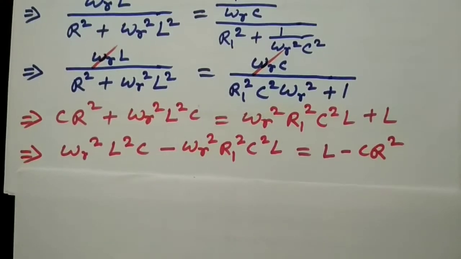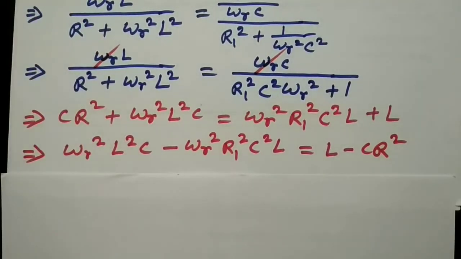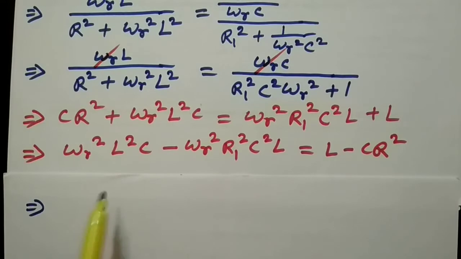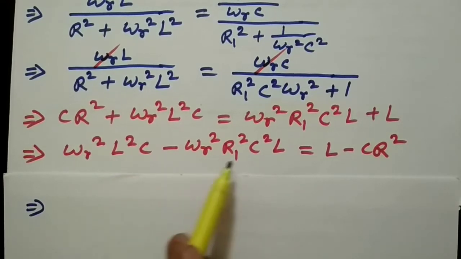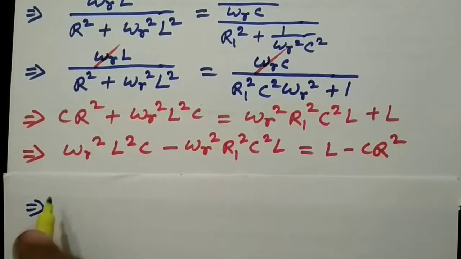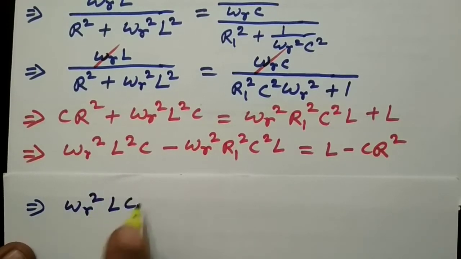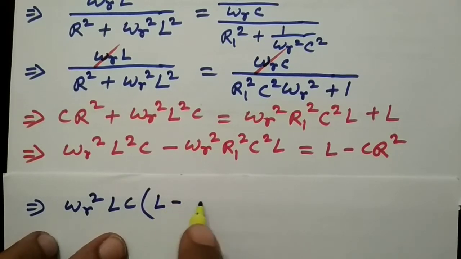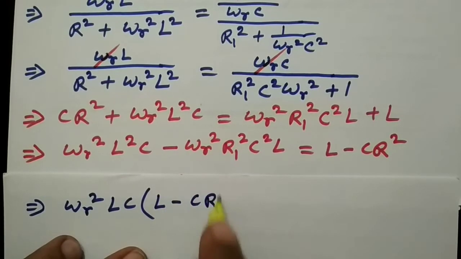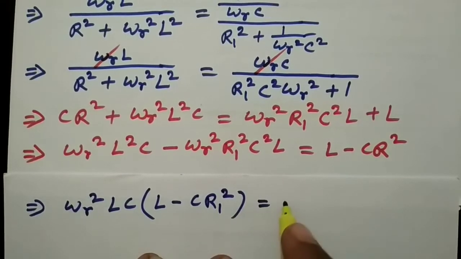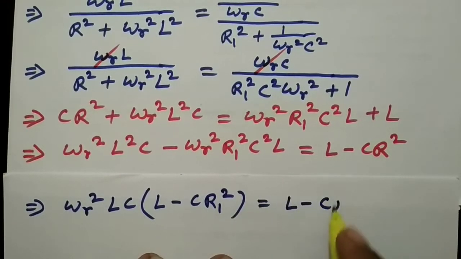So the next step is, from here we can take omega R square LC as common. So it will be omega R square LC, and it will be L minus C R1 square, and in this side it will be L minus C R square.